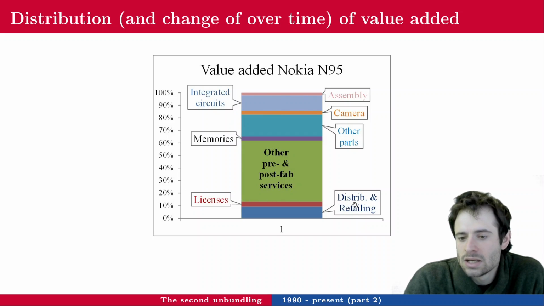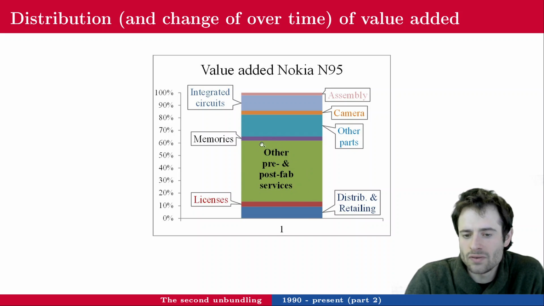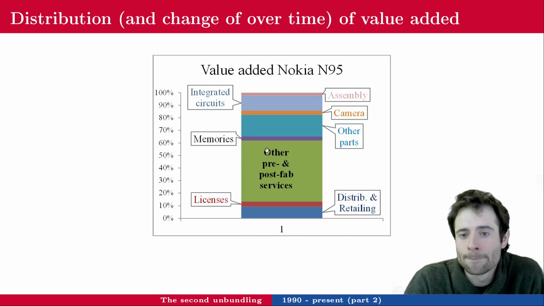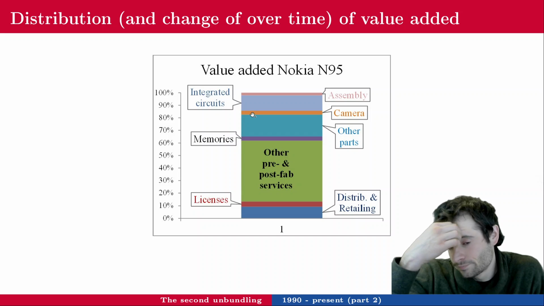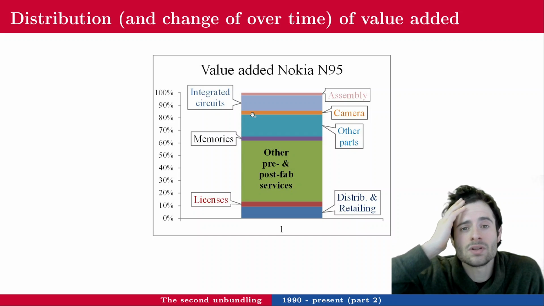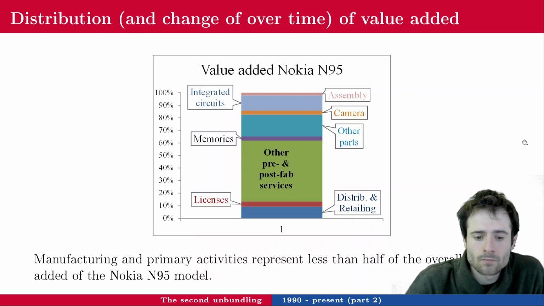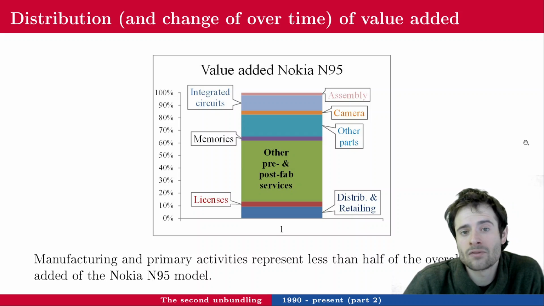And licenses, distribution, retailing, and other pre and post fabrication services are the third sector. And you can see that the value added of a Nokia N95 is mainly made of services, a bit of raw materials, and a bit of the manufacturing. More than half now is coming from services.